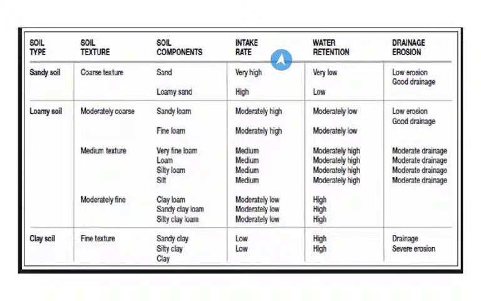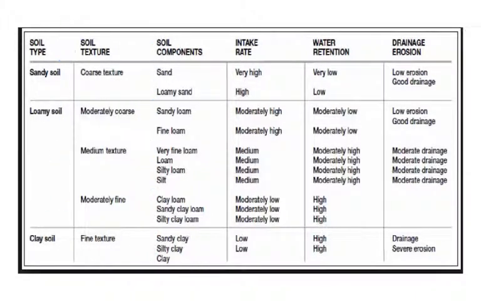The intake rate is the rate at which it is going to intake water, and then the water retention rate is the rate at which it is going to hold water. And then once this drains, how is it going to drain off the soil? Once we start talking about weathering and erosion, this column right here is really going to make a lot of sense. And then the soil texture.